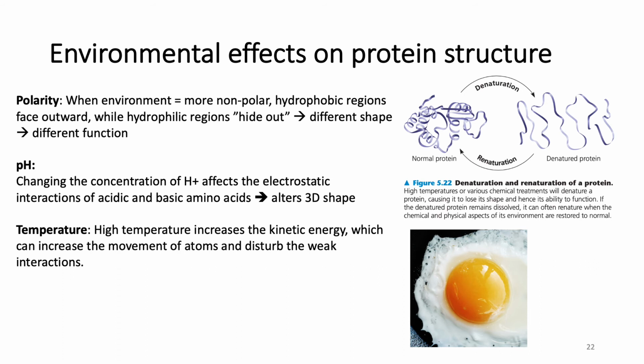For example, the white of an egg becomes opaque during cooking because the denatured proteins are insoluble and solidify. This also explains why excessively high fevers can be fatal. Proteins in the blood can denature at a very high temperature.